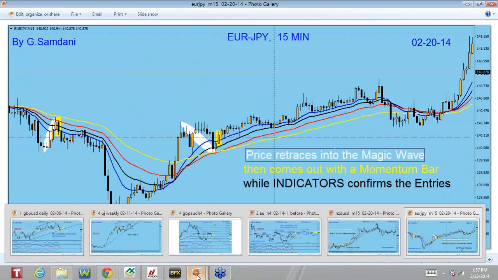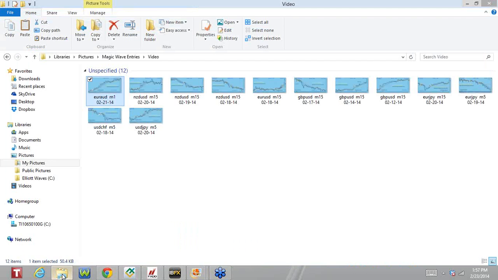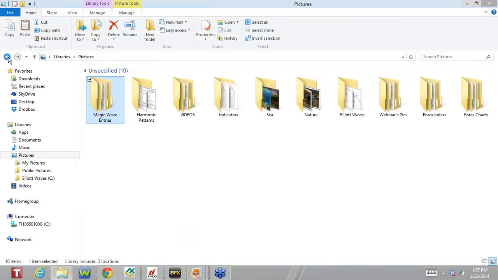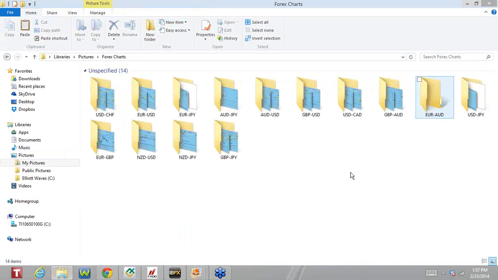So let me see if I have a Euro Yen chart here. Let me see if I can find it. Where's Euro Yen?